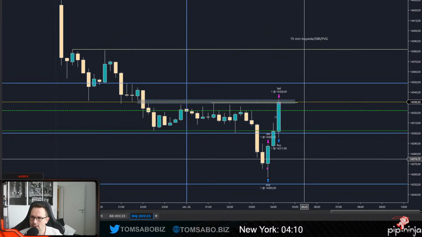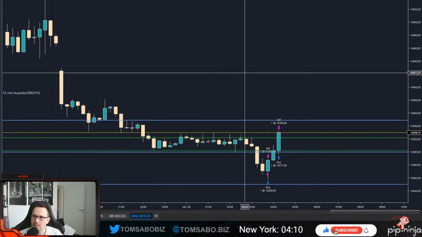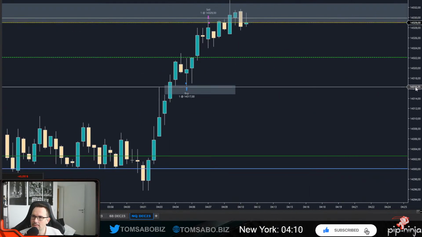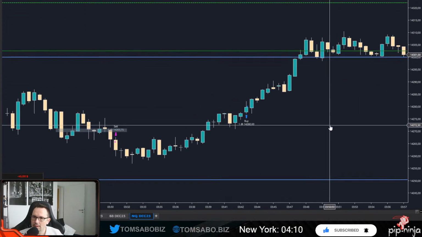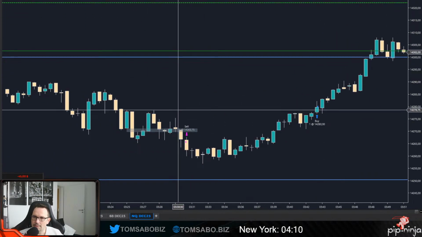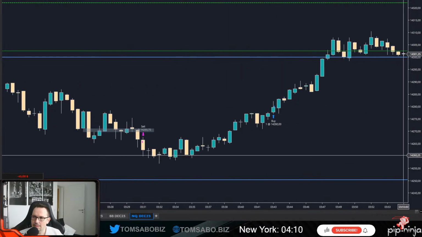And as you can see, here are my entries. I can go down to the 30-second chart. So I entered here on this fair value gap. Should have entered here. Then I lost with this one.